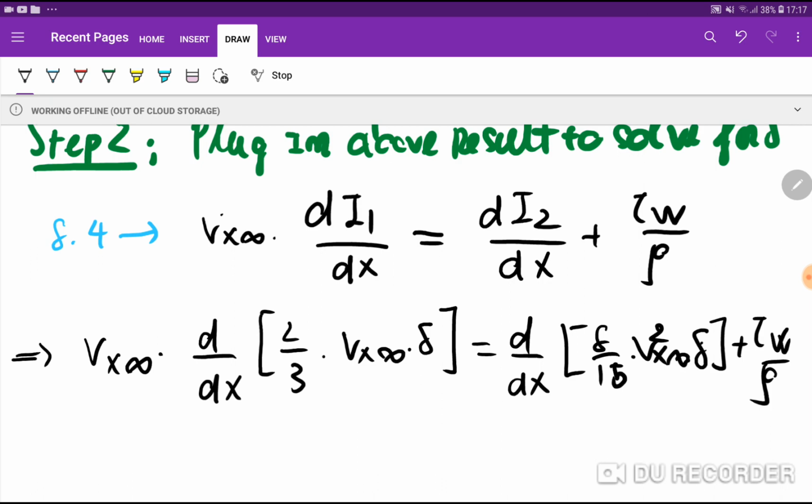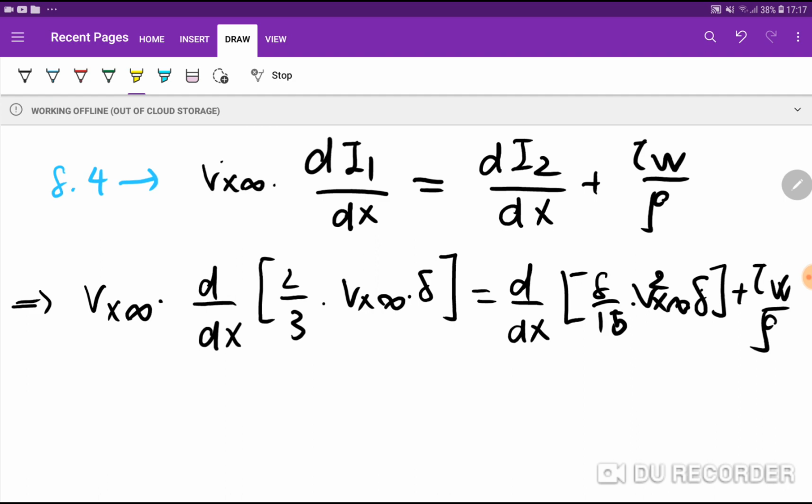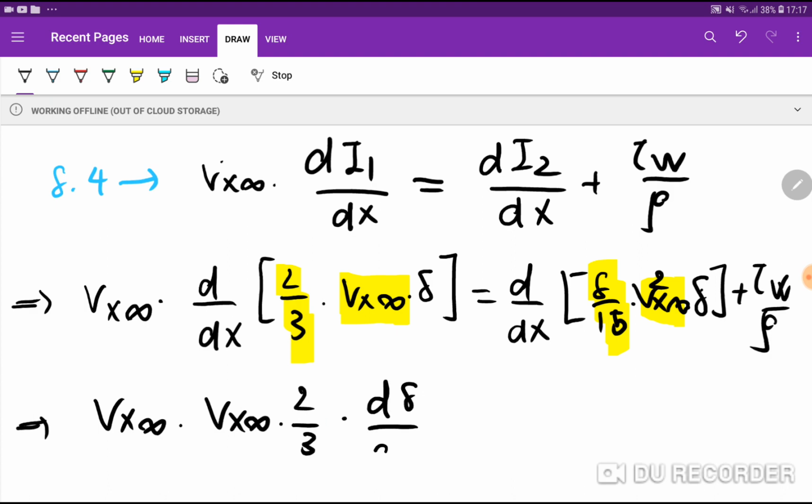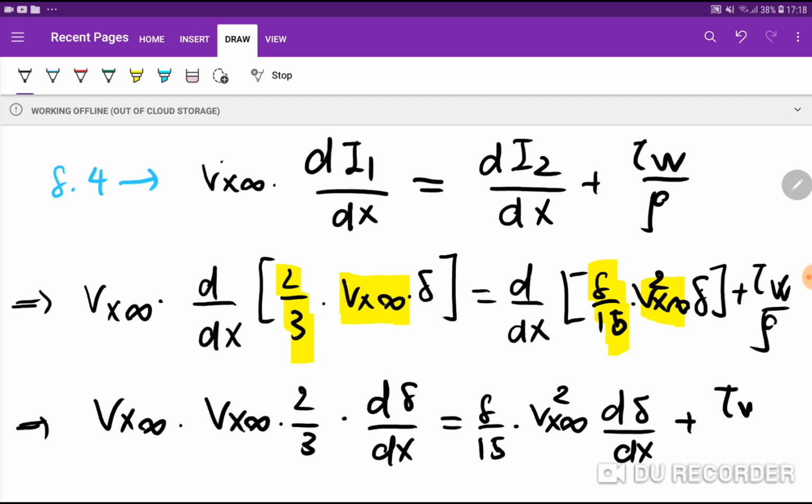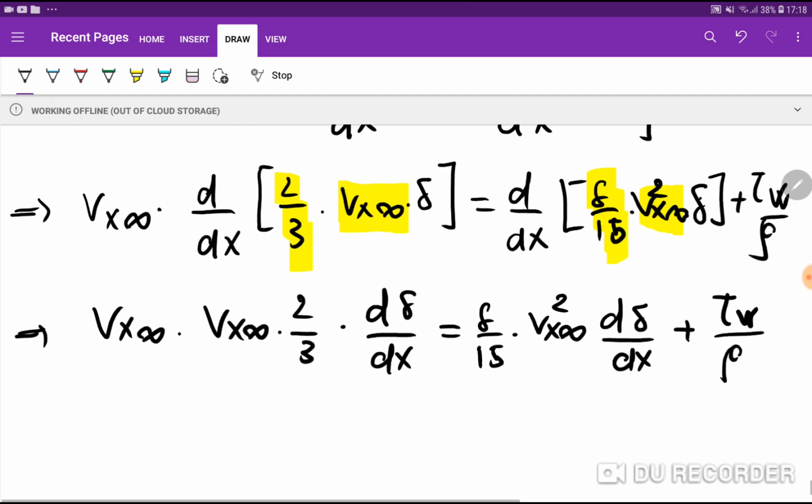Okay, I'm going to go ahead and expand these. Recall that Vx infinity is a constant. Vx infinity squared is also a constant, so you can pull the constant out. 2/3 is also constant, a over 15 is also constant. You can pull all that out, so you get Vx infinity times Vx infinity times 2 over 3 times d delta over dx equal to a over 15 times Vx infinity squared d delta over dx plus tau w over rho, right?